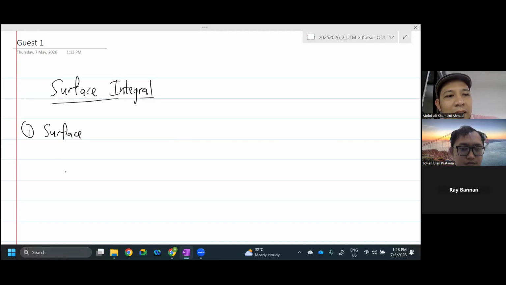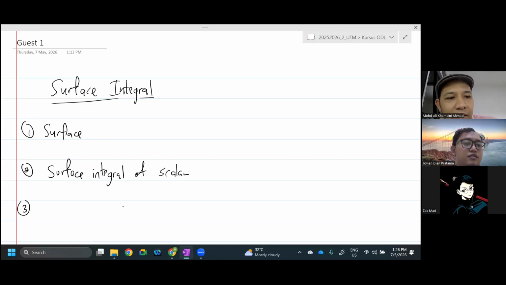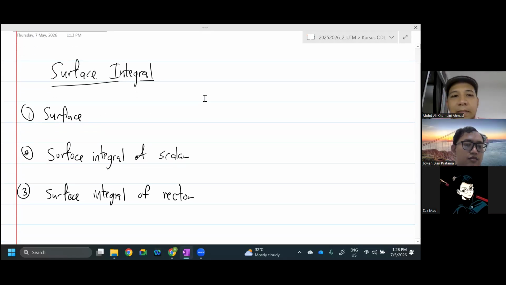Second, the surface integral of a scalar field. And the last part is the surface integral of a vector field. This will be the main part of this guest lecture.